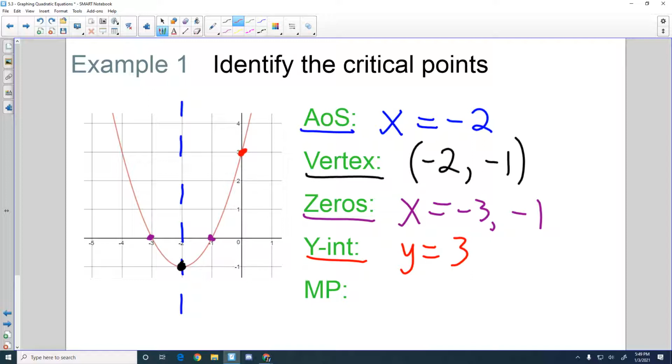And the last thing that kind of goes along with the y-intercept is the mirror point. And so to identify the mirror point, what we're going to do is start with the y-intercept, which is right up here at the point (0, 3). And basically, you're going to count how far away that point is from the axis of symmetry. So I'm just kind of counting 1, 2 jumps, right?